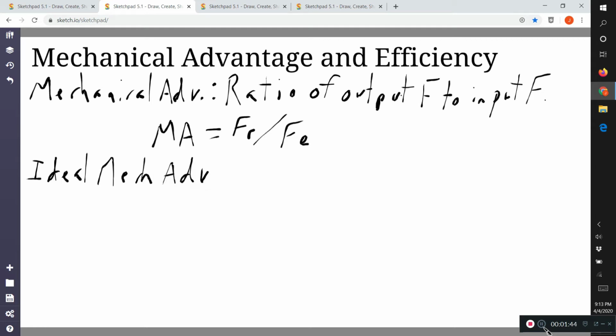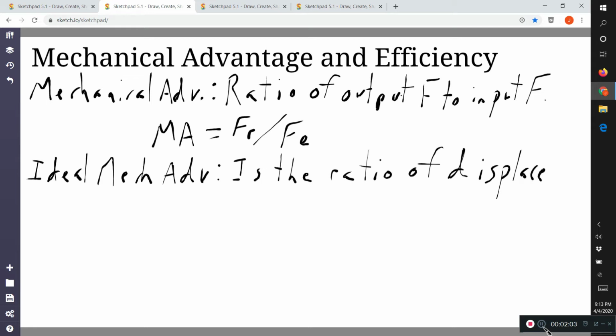Now, an ideal mechanical advantage is the ratio of displacements. So, for instance, with a lever, how far do you push that lever down versus how far up the resulting object goes?